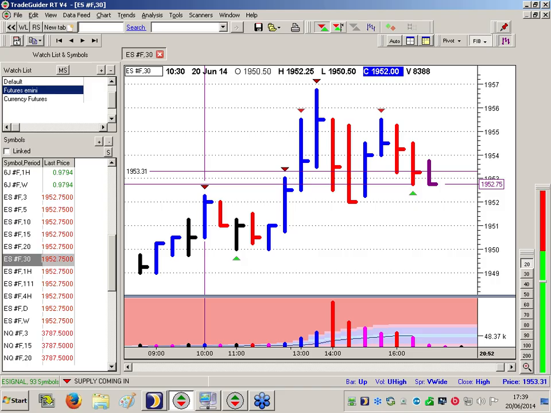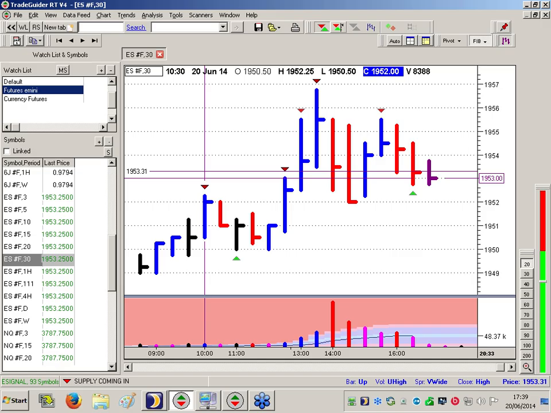Now, we have what we call an alert here. Now, whenever you see, especially if it's no demand, and you'll get to know what the no demand signal means: no demand is they've marked the market up.